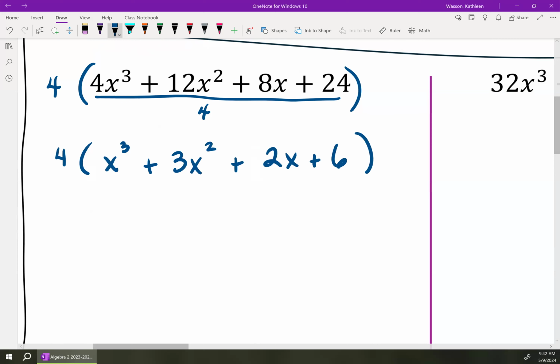Then we make 2 groups. So for my first group, I'll just do first 2, second 2. You can rearrange these and make your groups in some different way if that makes you feel more comfortable with it, but first 2, second 2 works. So that way you don't have to rearrange stuff. For these first 2 terms, the greatest common factor is x squared.